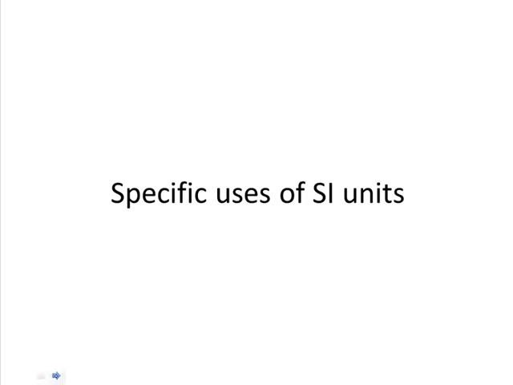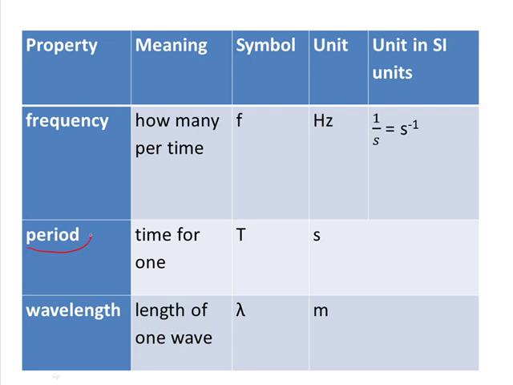Some properties use SI units in a specific way. For example, period is a kind of time, and it uses the SI unit, seconds, as its unit. So to show the difference between the general property of time and the specific property of period, we use a small t as a symbol for time and a capital T as a symbol for period.